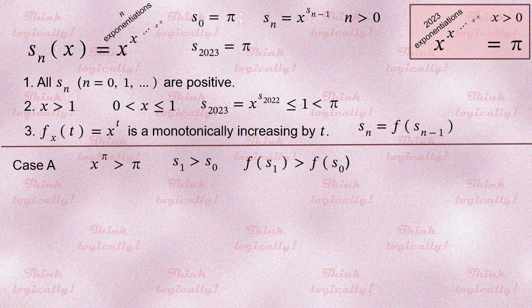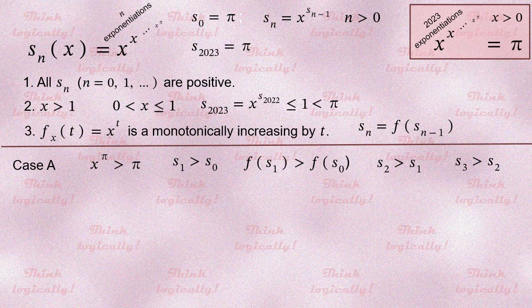But according to the recursion formula, f of s sub 1 is s sub 2 and f of s sub 0 is s sub 1. So we come to the inequality s sub 2 is greater than s sub 1. Then we apply function f to the new inequality and find out that s sub 3 is greater than s sub 2. And we continue this process to find out that each element of sequence s is greater than the previous one.